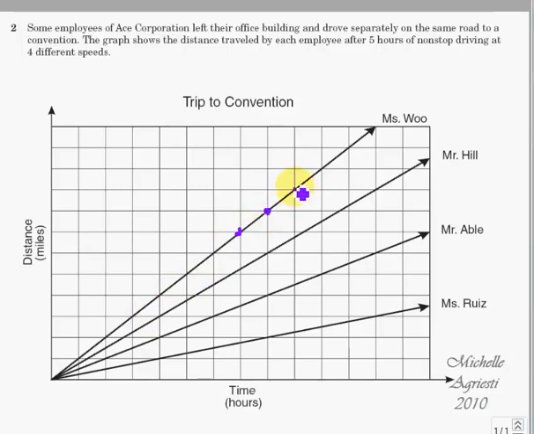Every one of these is a grid intersection. And now I'm just looking for my rise and run. So my rise here is 1 and my run is 1. So her slope is 1 over 1, which is just 1.